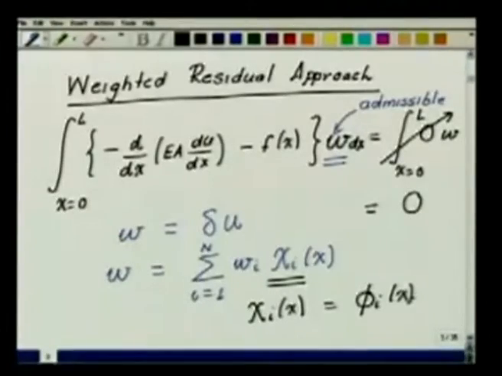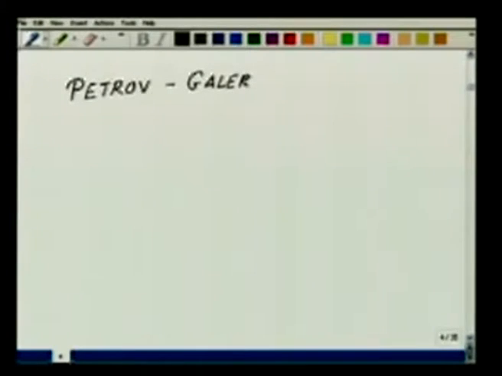So when w does not have the same representation as u, it is called a Petrov-Galerkin approach.